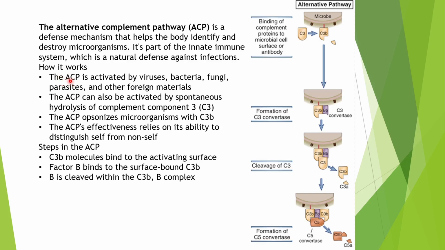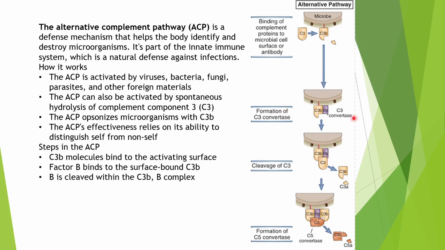It is activated by virus, bacteria, fungi, parasites, and other foreign materials. It can also be activated by spontaneous hydrolysis of complement C3. Then opsonization of microorganisms is done by C3b, and its effectiveness relies on its ability to distinguish self from non-self.